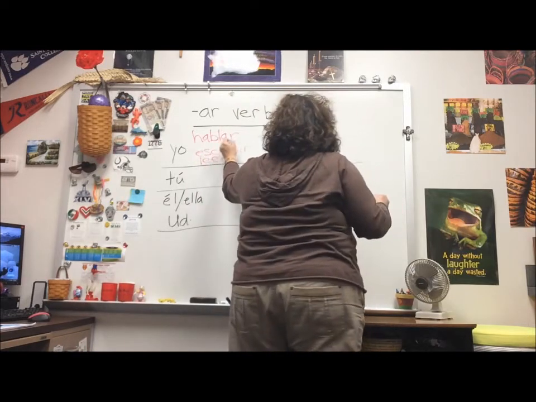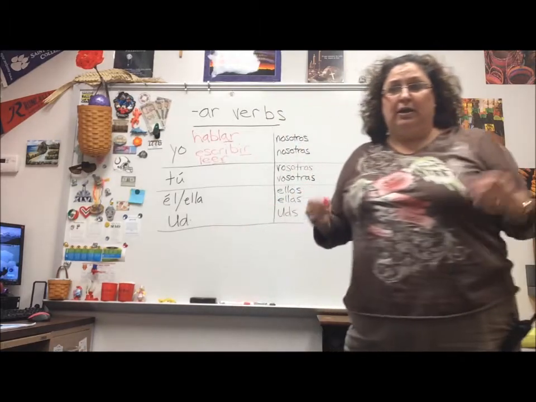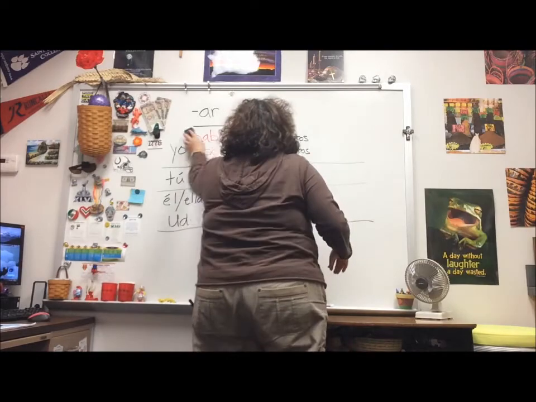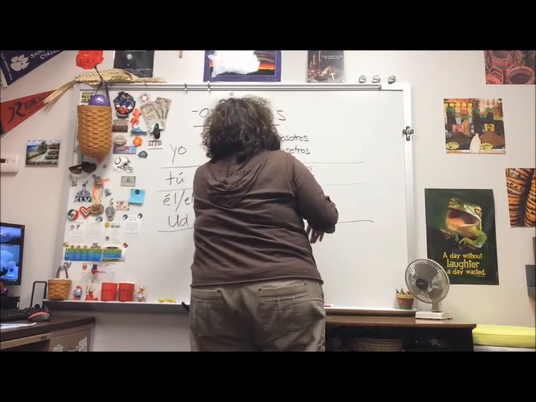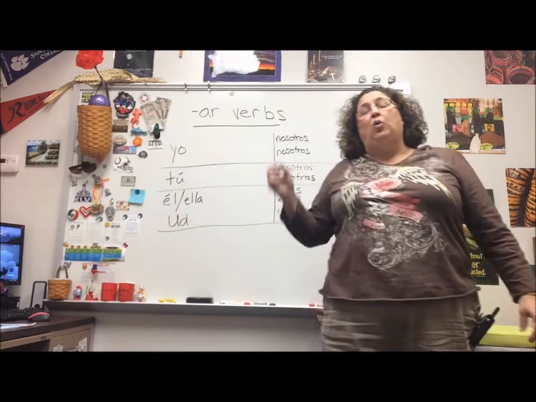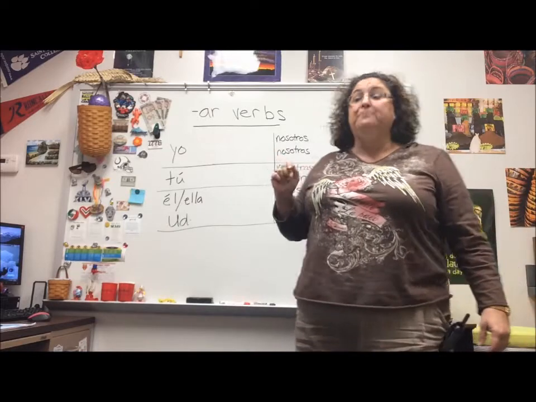And if you'll notice, we've got an AR, an IR, and an ER ending to those verbs. Today we're going to learn how to use verbs in a form other than their infinitive form. Remember, an infinitive form is always with the little word to at the beginning of it, okay?